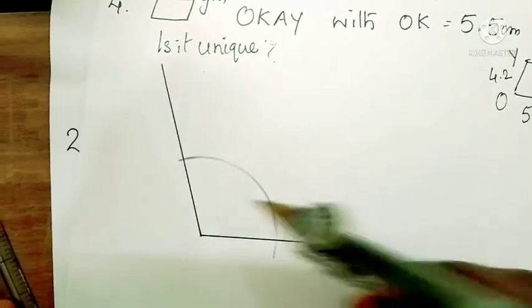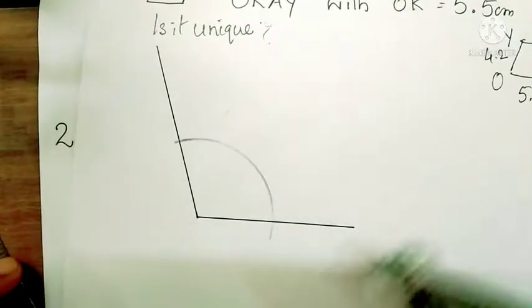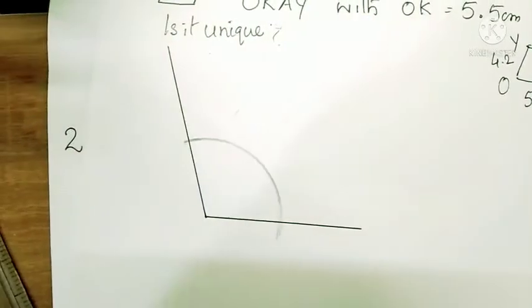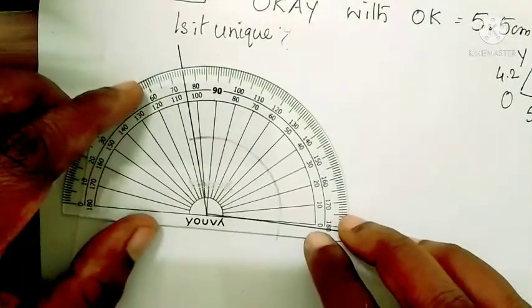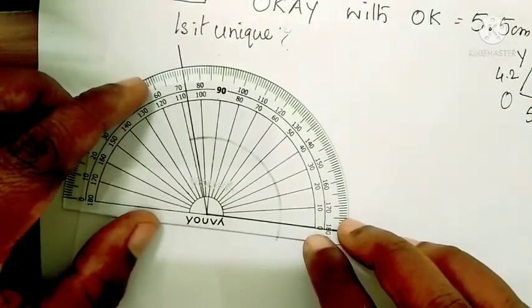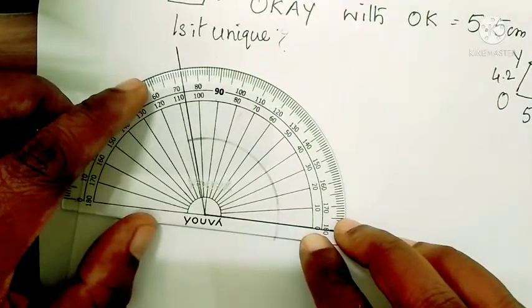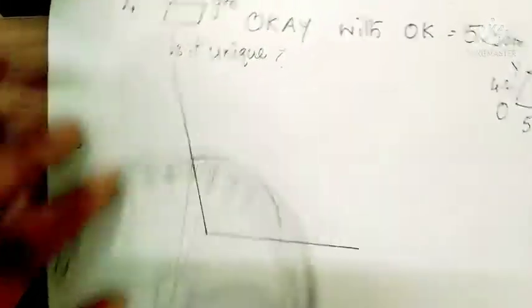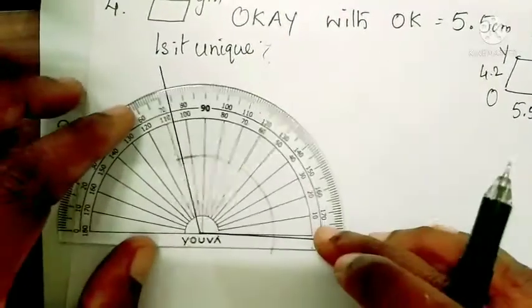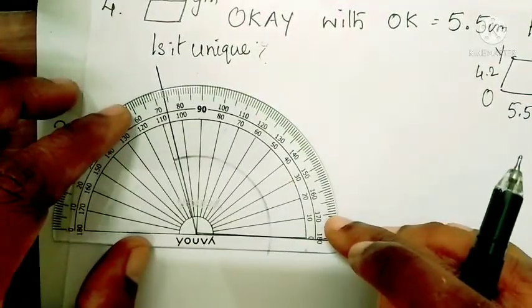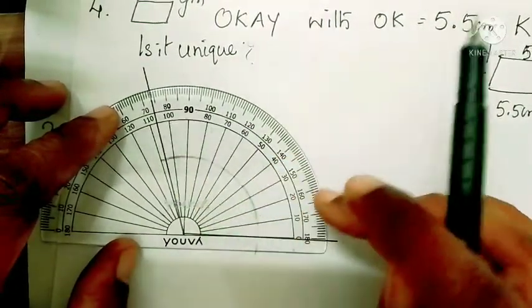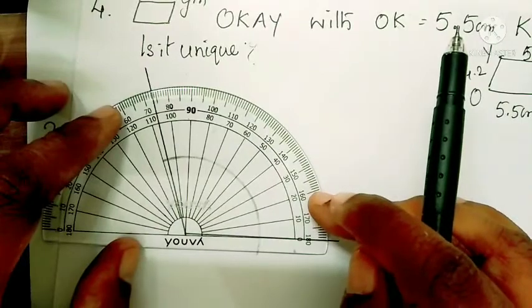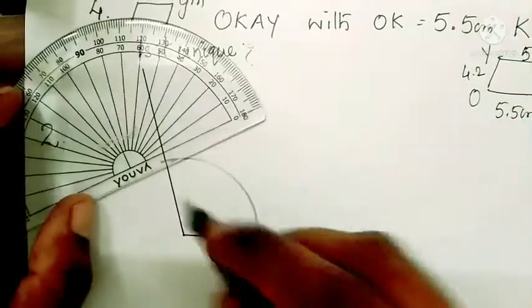Sorry, adjacent angles are supplementary. So, what we will do here, we will measure the angle using the protractor. So, you see here this angle is how many degree? 85, 86, 87 degree. This angle is an obtuse angle, it cannot be 87, it is 100, 105, 106, 107 degree.